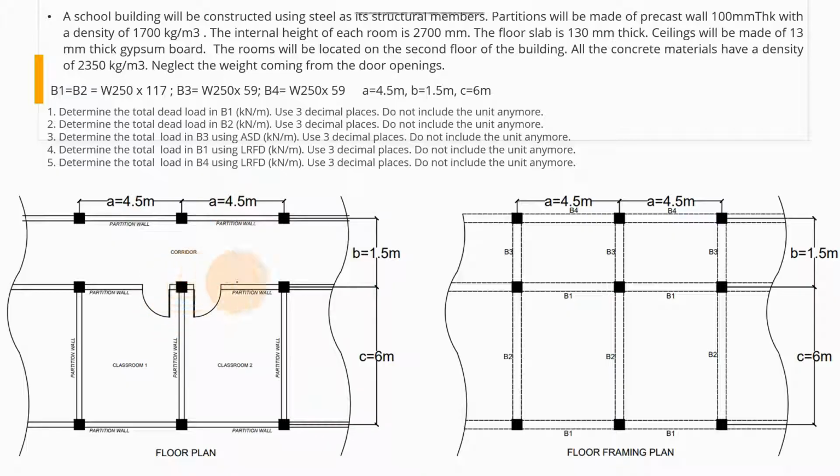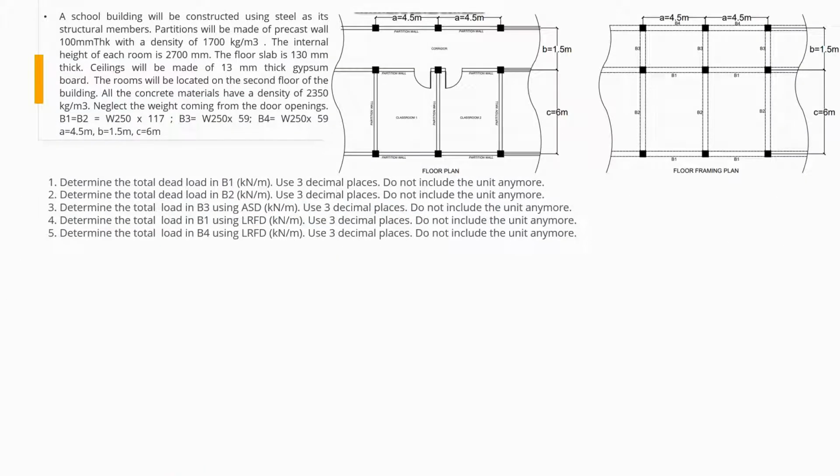So we assume that the wall is whole, because the door also has weight, which is not given in this problem. So we will neglect that and design this as a whole partition wall. So, our first step here is to determine all the loads that are acting on our structural member.